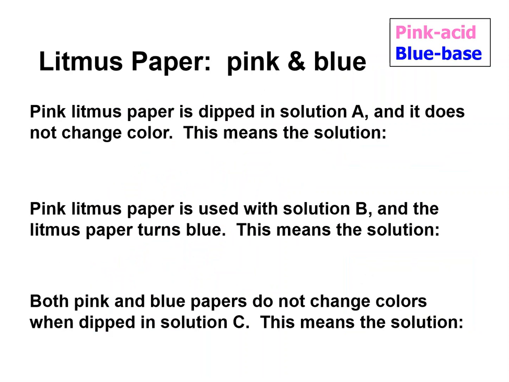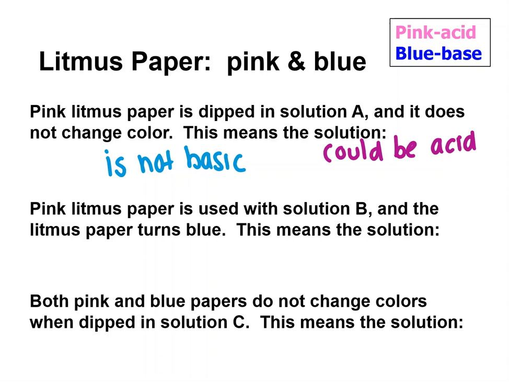Let's review what we know about litmus paper. You'll need this in lab if you haven't used it already. If pink litmus paper is dipped into a solution and it does not change colors, that means the solution is not basic, and it could be acidic or it could be neutral.